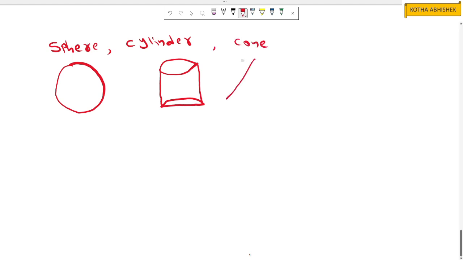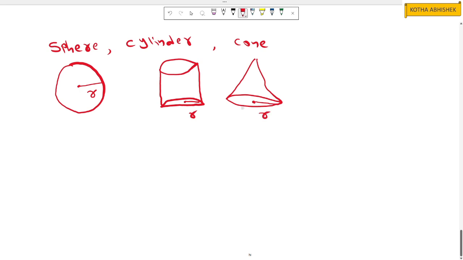Sphere, cylinder and cone have same radius and same height. So if I take the sphere radius as r, the same radius will be there for the cylinder also. The same radius will be there for the cone also.